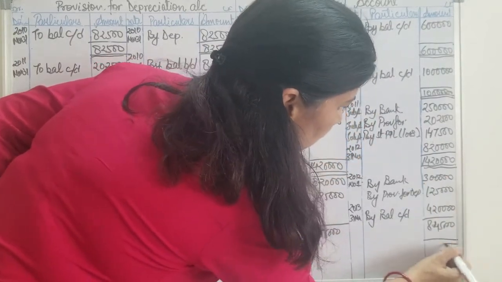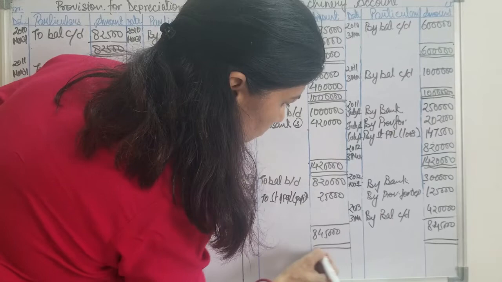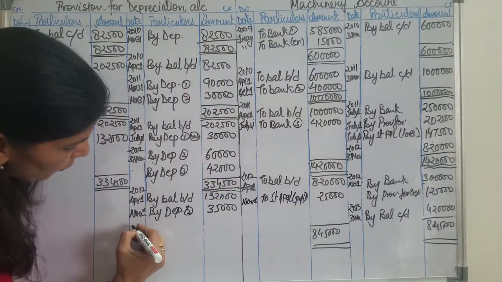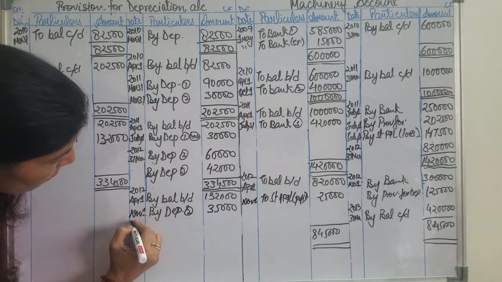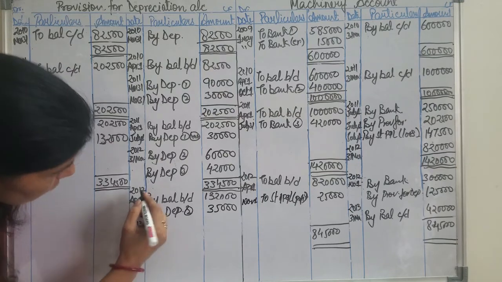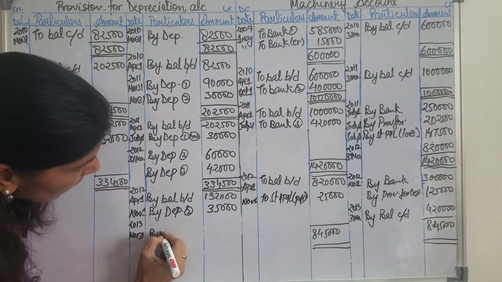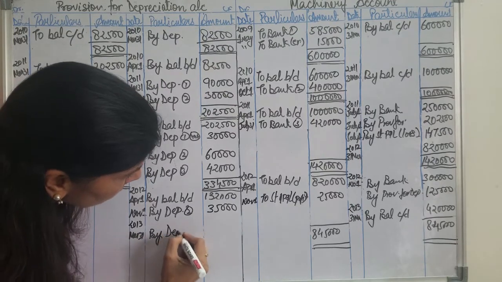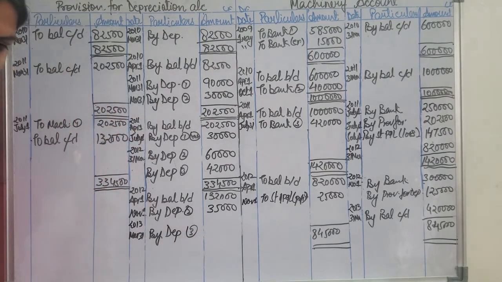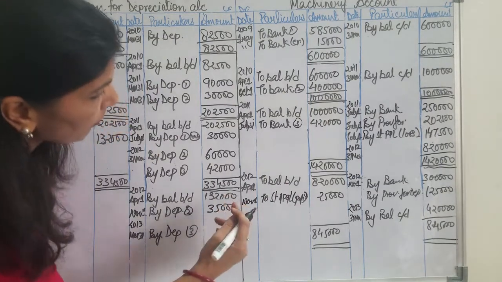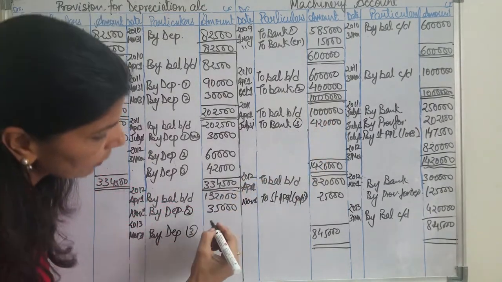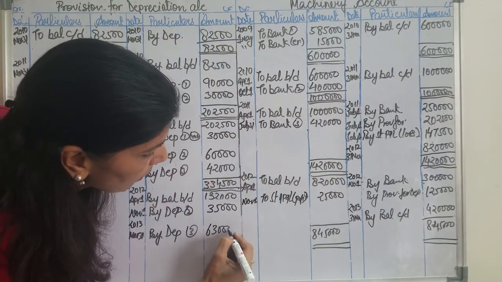So now our machinery account is closed. Now it's time to provide for depreciation on our machinery 3. So here is 2013, March 31st, and this time whole 12 months depreciation will be provided on machinery 3. So 12 months depreciation on this 4,20,000 comes to 63,000.